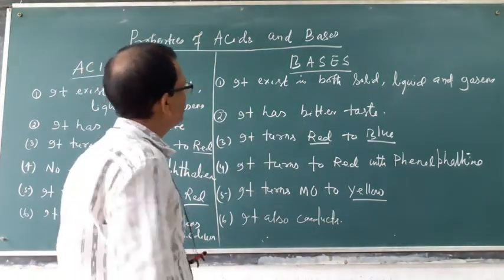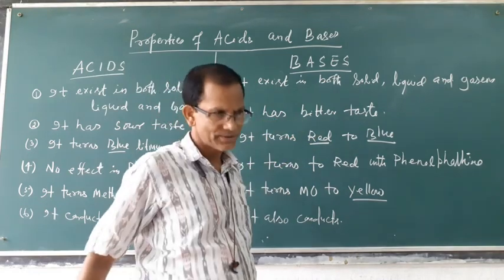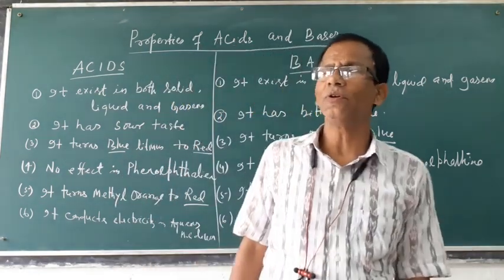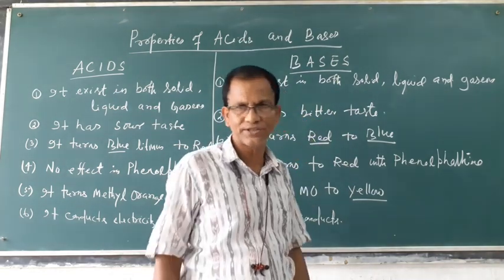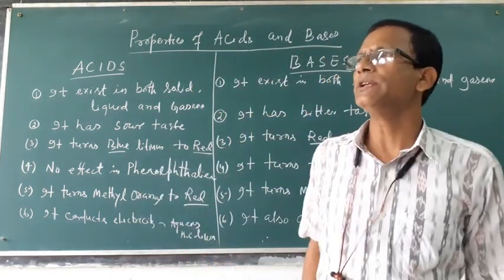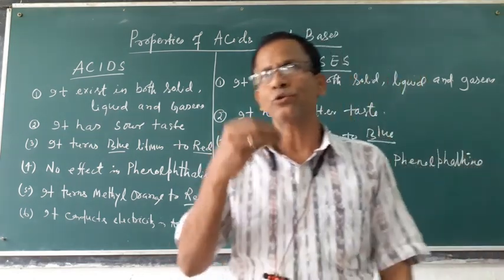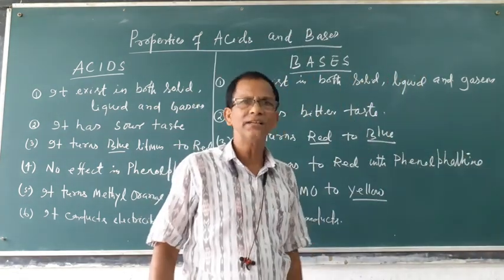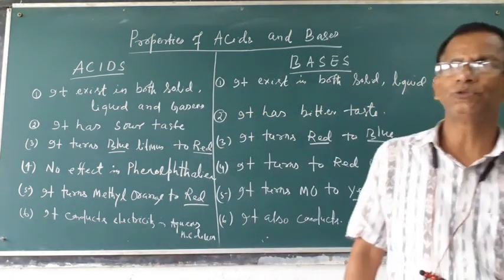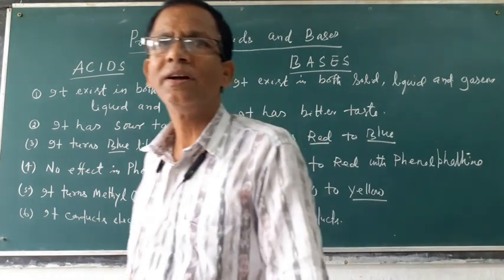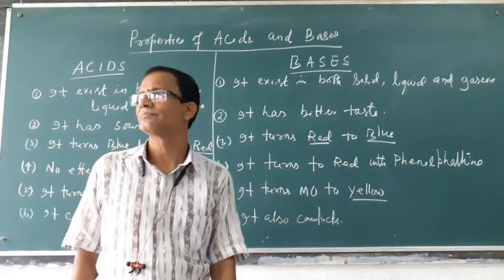Then base has a bitter taste. This is very common, we have already observed it: during bathing, when your bathing soap or the liquid comes to your mouth, it gives a bitter taste.